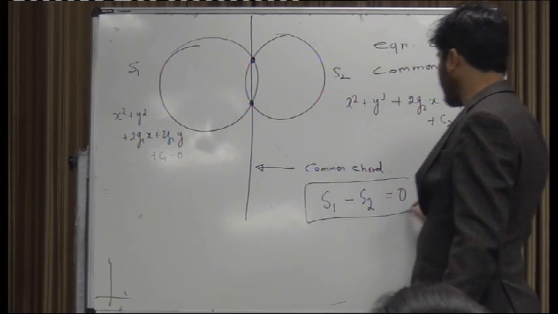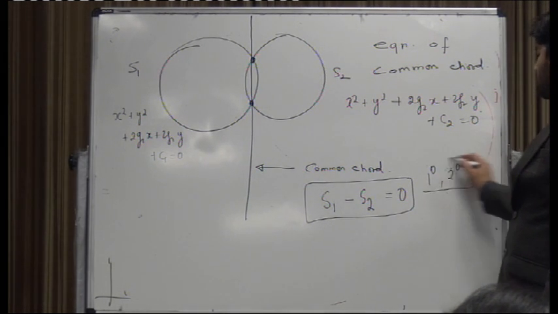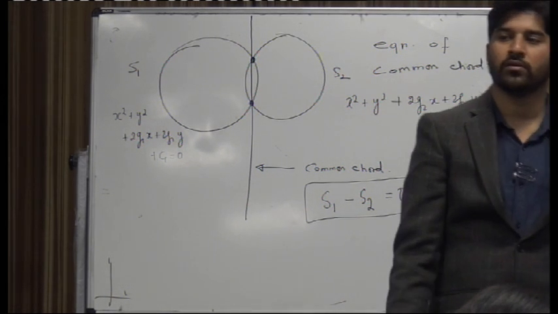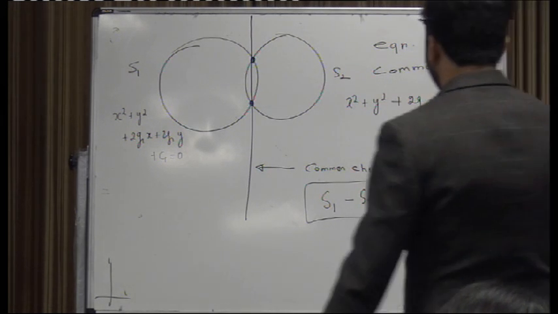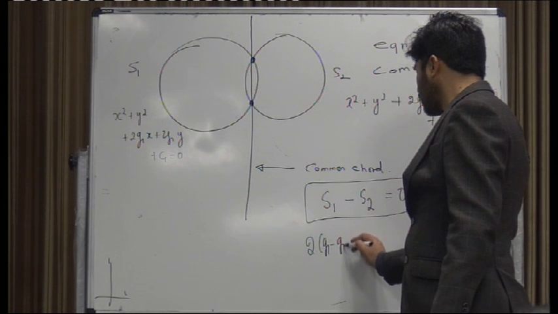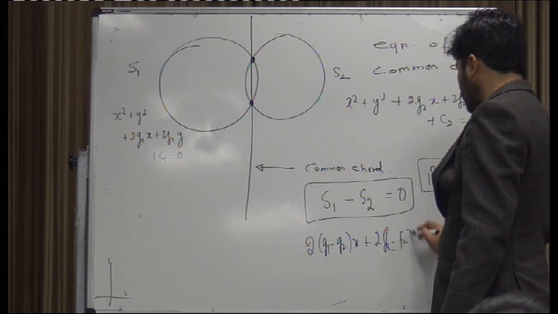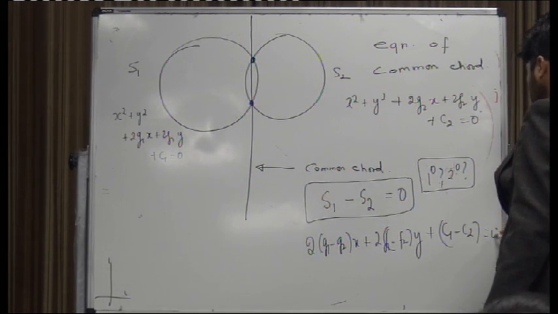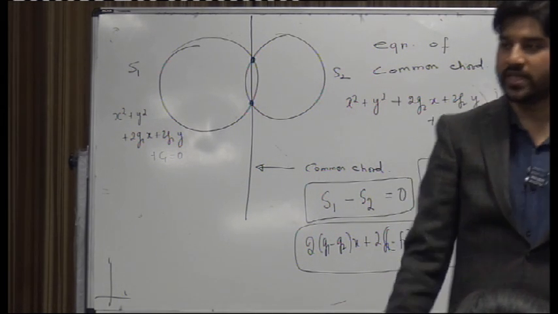Is it a linear 1 degree equation or a 2 degree equation? 1 degree. So this is the equation S1 minus S2, and this is basically the equation of a line.